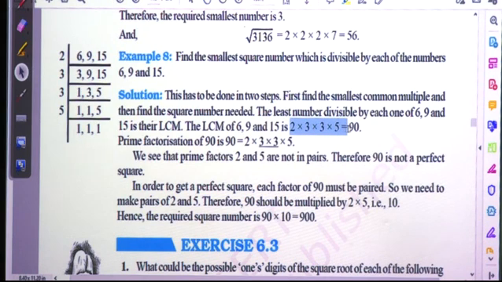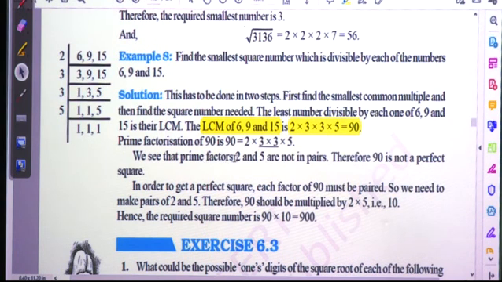So, 90 is nothing but the LCM of 6, 9 and 15. Prime factorization of 90 is 2 into 3 into 3 into 5.